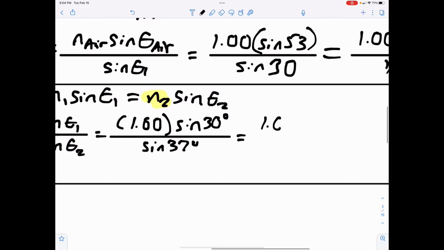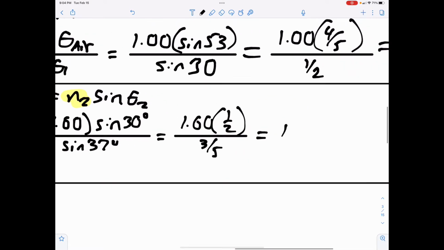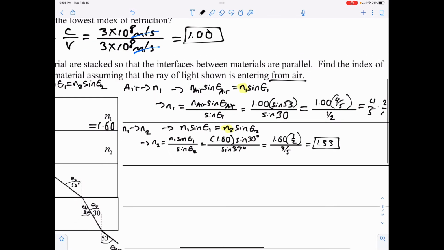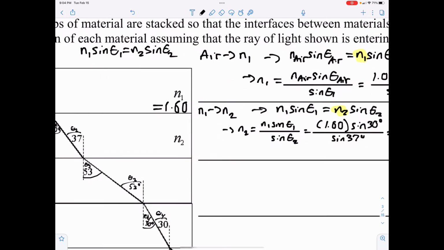Well, that's the same thing as 1.6 times sine of 30 is 1/2 over sine of 37 is 3/5. Okay, plug that in your calculator and you get about 1.33, about 1 1/3. That's pretty close to water, so I'm thinking N2 is most likely water. 1.6 corresponds to somewhere between glass or plastic. I'm thinking some sort of acrylic plastic possibly.